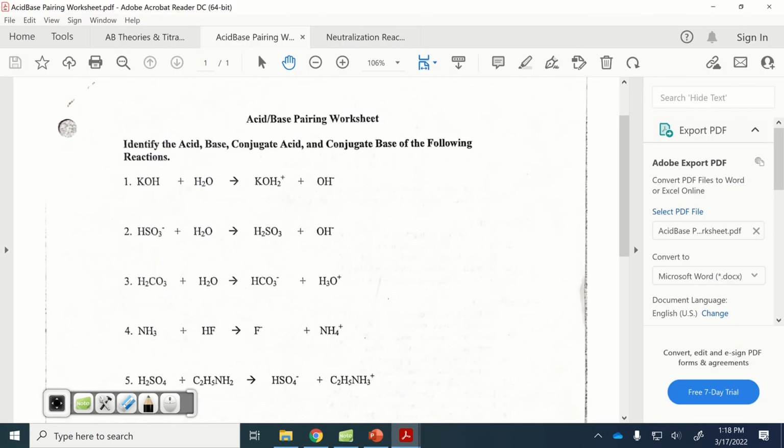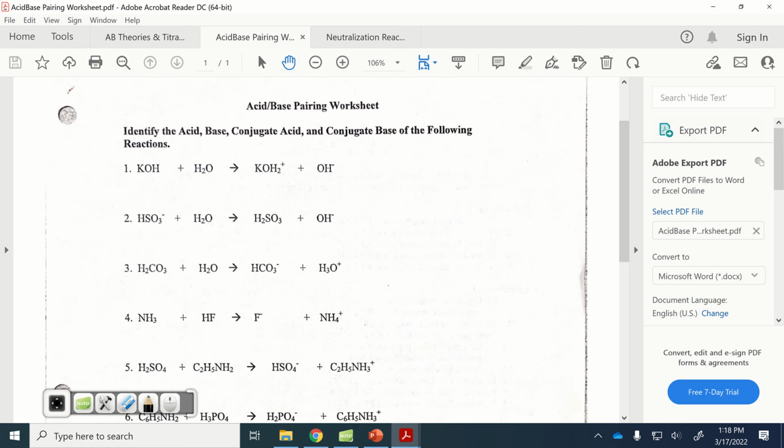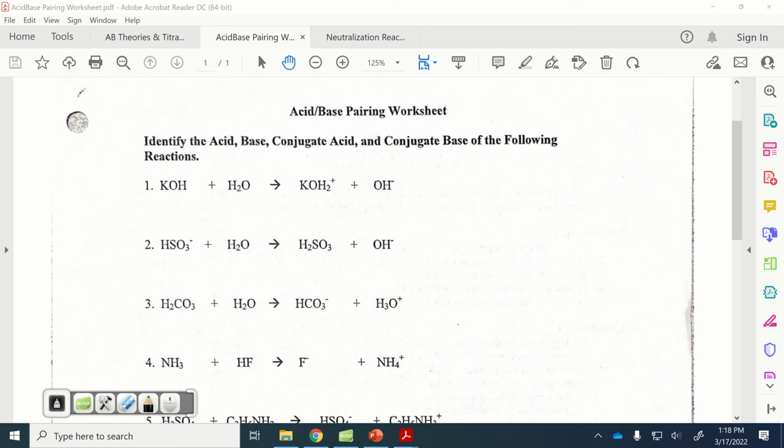I'm going to start off with these ones where they're clearly given to you. So I want to try to figure out the conjugate acid base of these different ones. What I have here is KOH plus H2O forming KOH2 plus OH minus. So if I look at this, clearly KOH and KOH2 plus are similar formulas. The only thing moving is H plus.